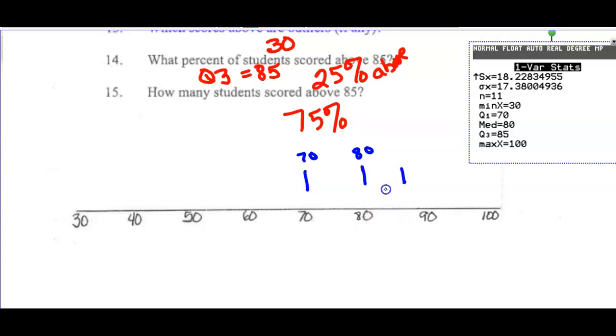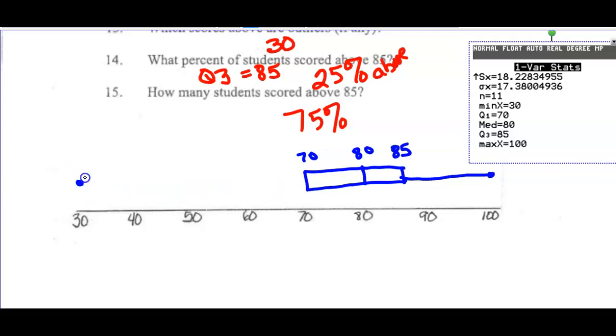You're supposed to be lining these up against this number line, and that's your box. Okay, and then the whiskers go out to the max and the min. The max was at 100, and the min would have been down here at 30.